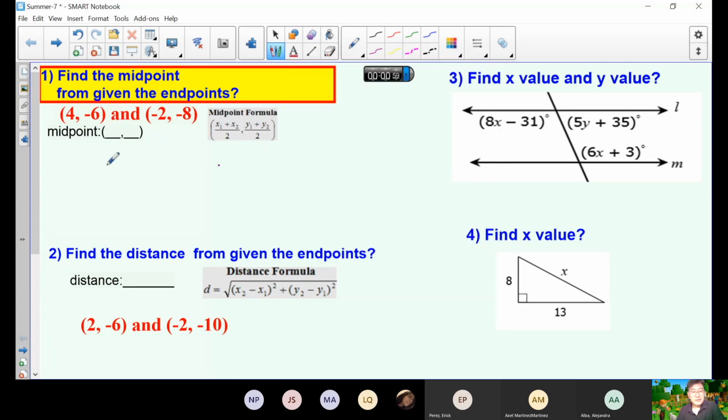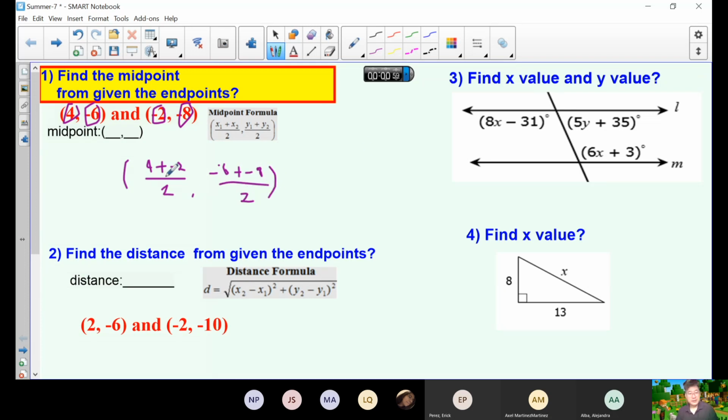Finding the midpoint is added together, divide by 2, right? 4 plus negative 2, divide by 2. We do x1 and x2, right? And this one, y1 and y2. Added together, divide by 2.